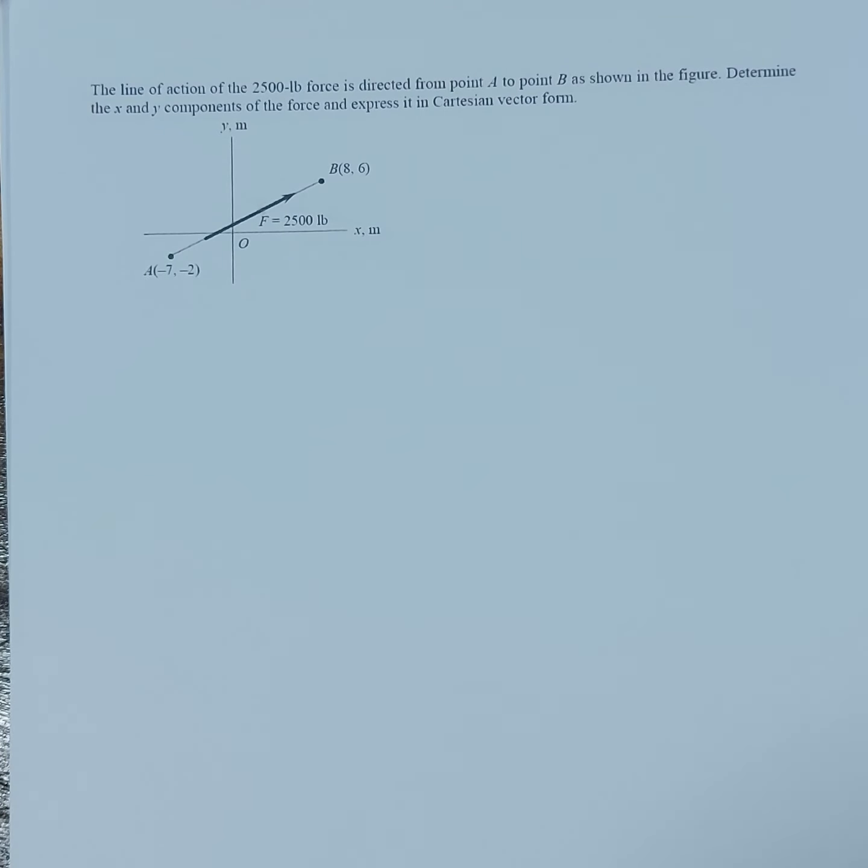Okay, the line of action of the 2,500 pound force is directed from point A to point B. As shown in the figure, determine the x and y components of the force and express it in Cartesian vector form. Okay? So, I think mas mauna yatang express muna natin sa Cartesian vector form and then identify the x and y components of the force just like what we have done in the previous video.